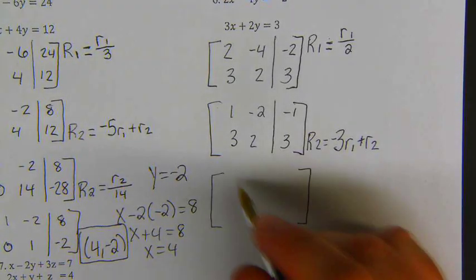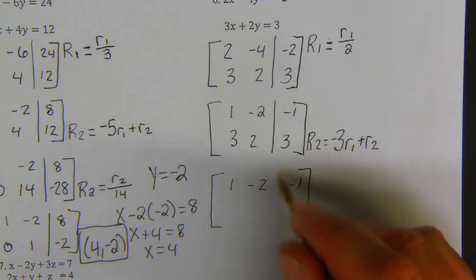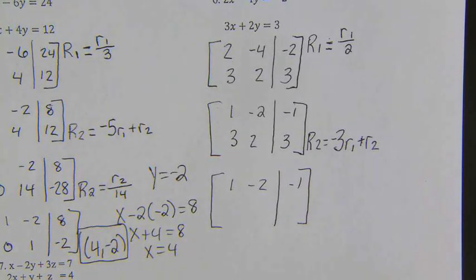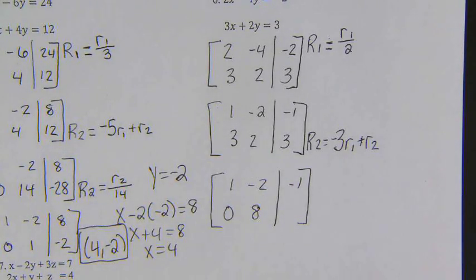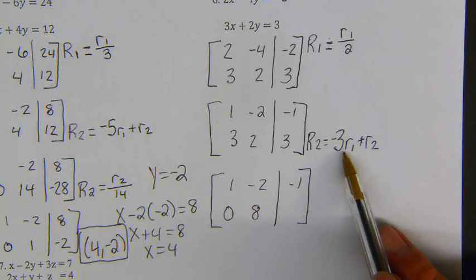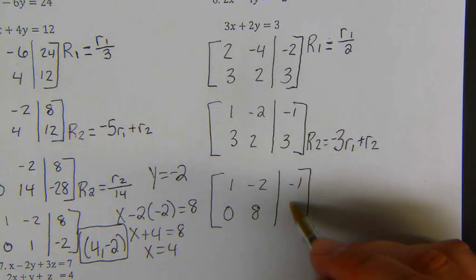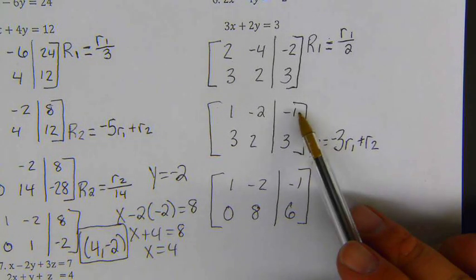So top stays 1, -2, -1. Bottom becomes 0, 8, and 6. -3, so 3 plus 3.